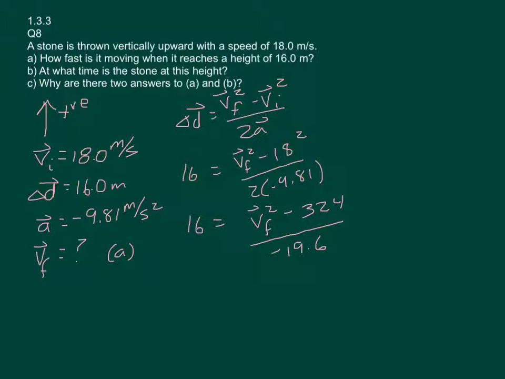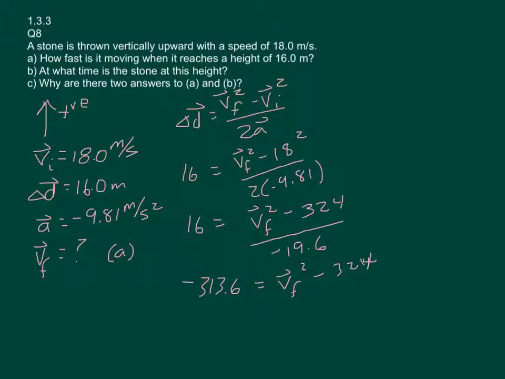Alright, multiply both sides by 19.6. So I have a negative 313.6 over here is equal to VF squared minus 324.